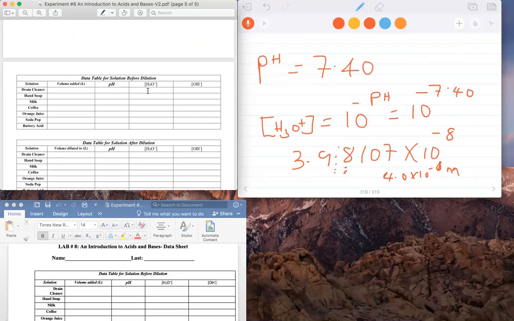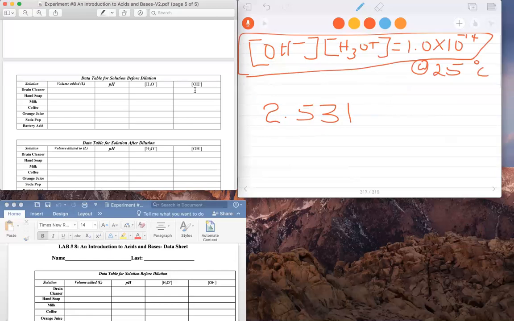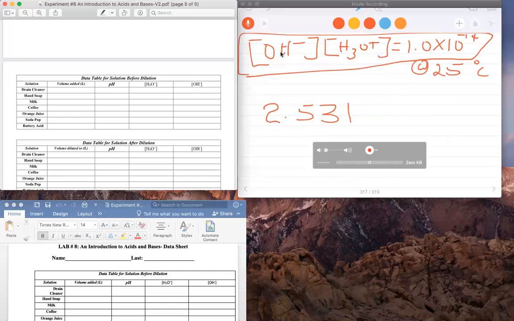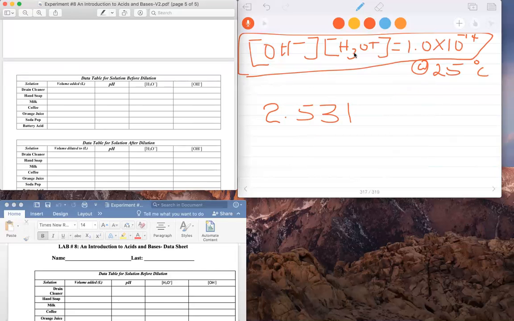And then to get the hydroxide concentration, if I know the hydronium concentration, use this equation, the relationship between hydroxide and hydronium. You divide. The hydroxide concentration in that case will be 1 times 10 raised to negative 14 over 4.0 times 10 raised to negative 8.